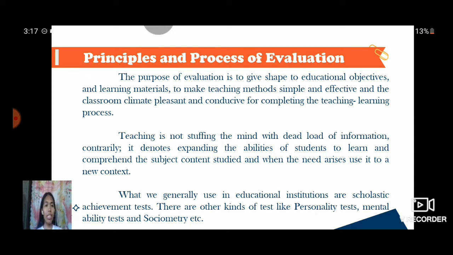Teaching is not stuffing the mind with a dead load of information. On the contrary, it denotes expanding the abilities of students to learn, to comprehend the subject content studied, and when the need arises, use it in a new context. So, as a teacher or the school is the provider of knowledge to the students, they should not give information that is useless or a dead load of information.